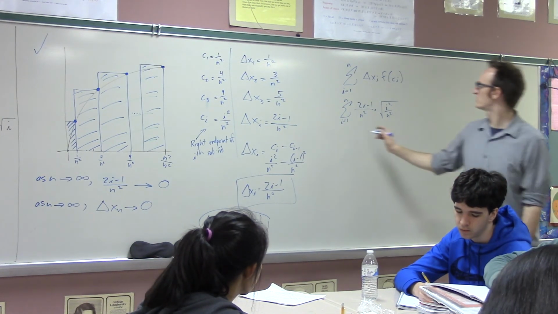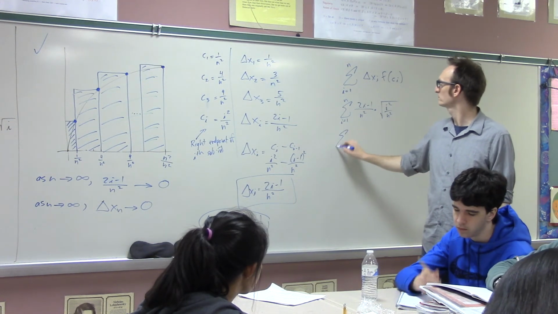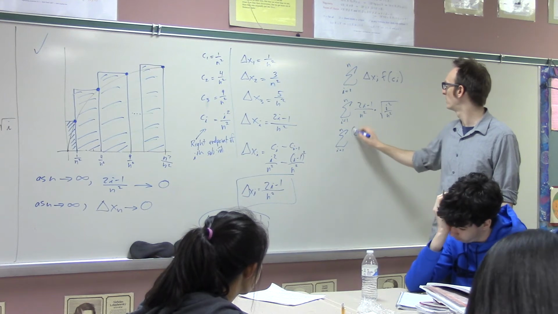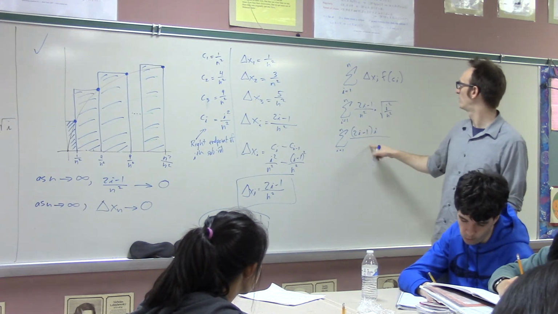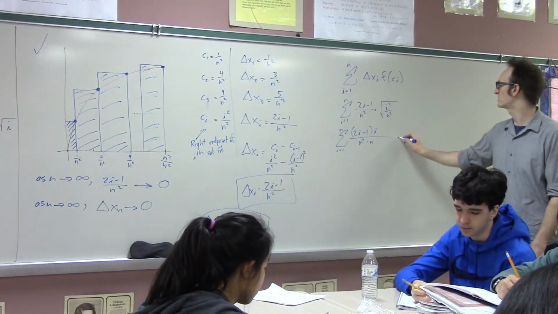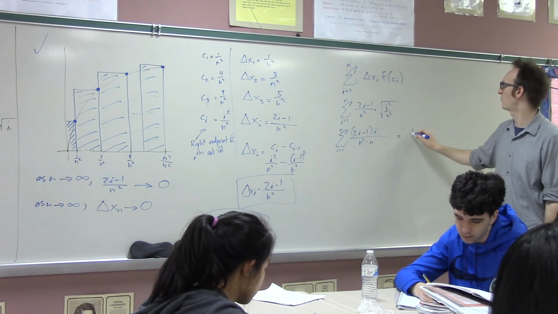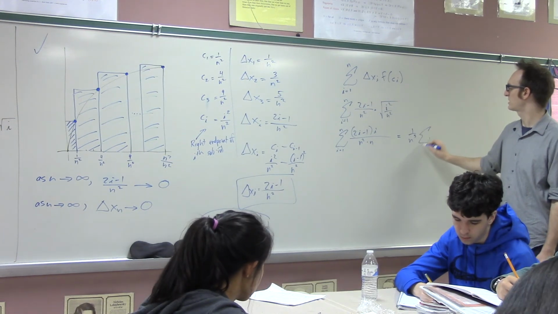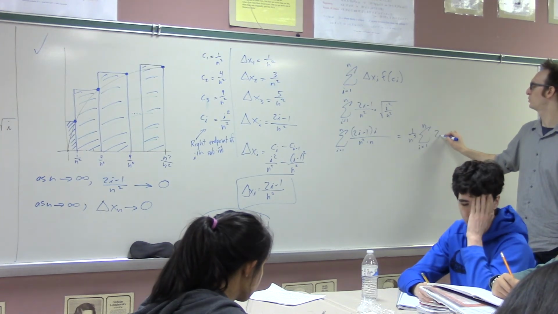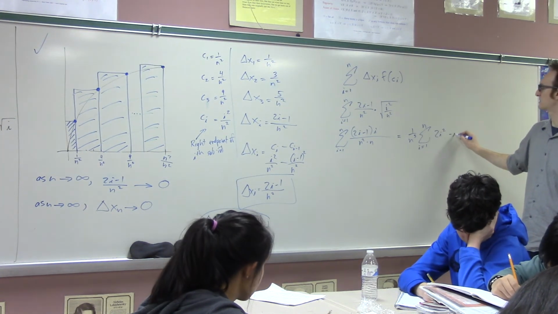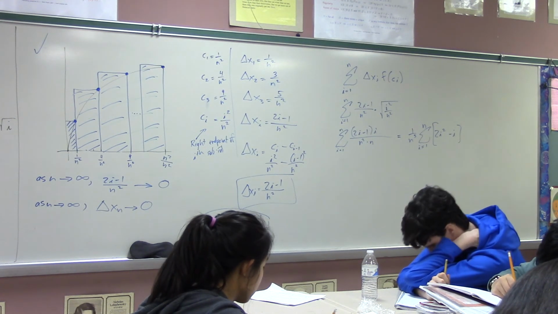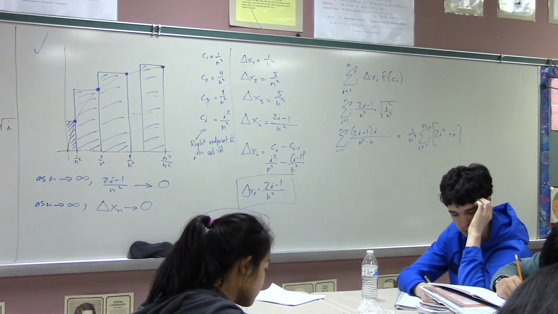So it's 2i minus 1 times i over n squared times n. This is going to be 1 over n cubed times the sum from i equals 1 to n of 2i squared minus i. Did I do that right? Yeah. And now this is something I know how to do using the old techniques.